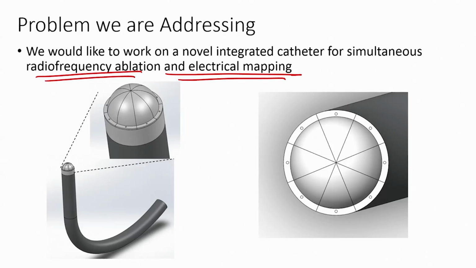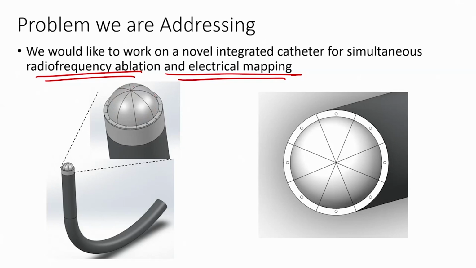So, what kind of design can I do so that I have both in one? If I have this catheter and if the dome shape opens up, and another catheter comes out which can perform the electrical mapping, then it can do both: electrical mapping, and this external one can apply RF frequency. So, it can perform RF ablation.